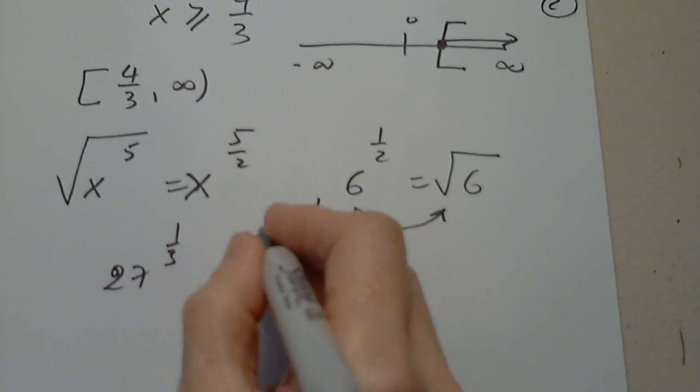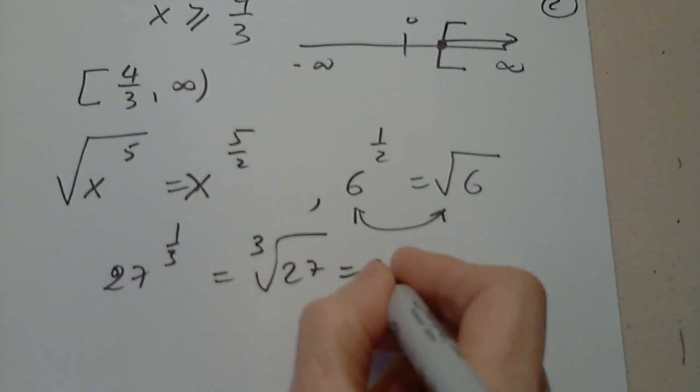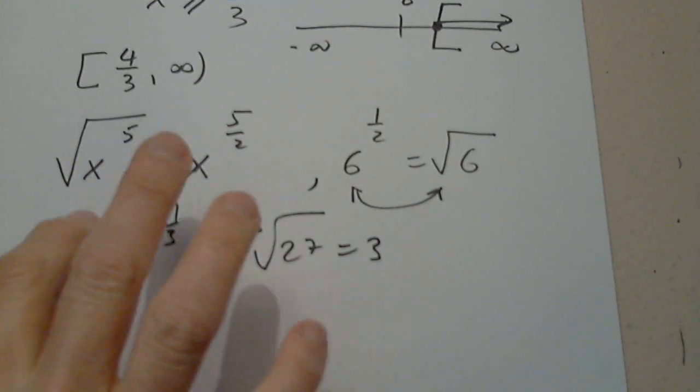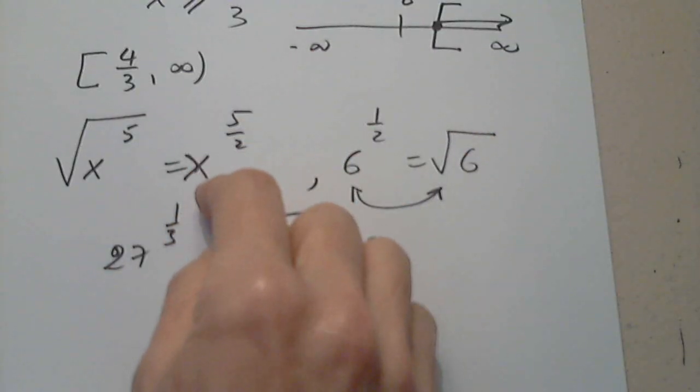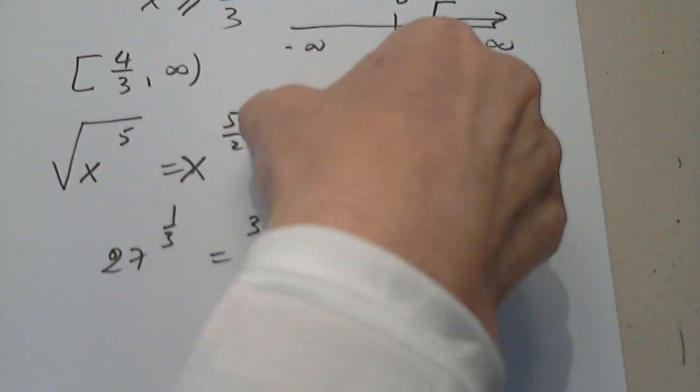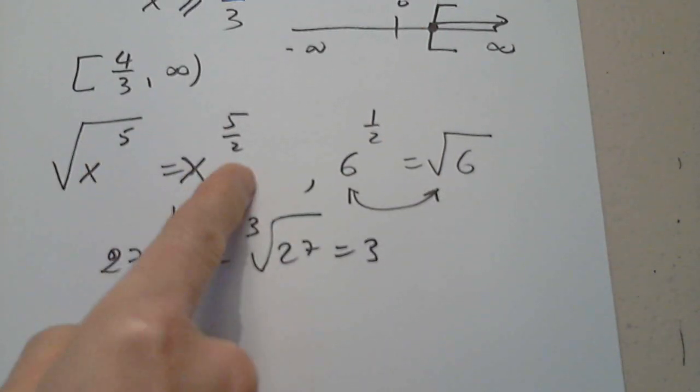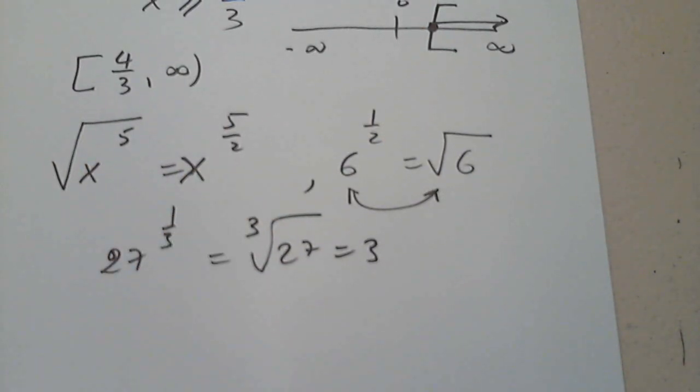I have to know that this is the cube root of 27, which is 3. So going back and forth from an exponential notation that has a fractional exponent back to a radical, and from a radical back to this. This is just a single formula. I know if you look at all of them, yes, it's a big deal.